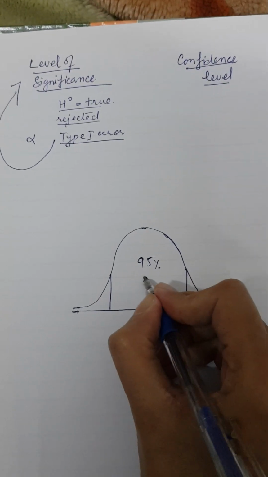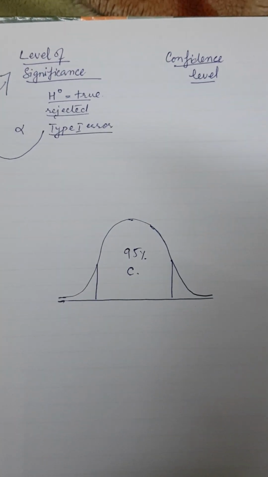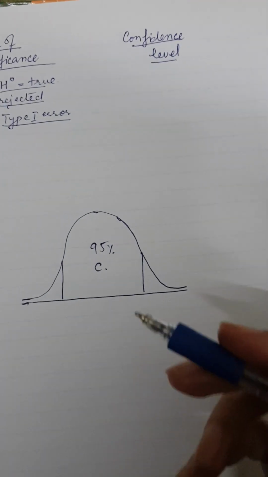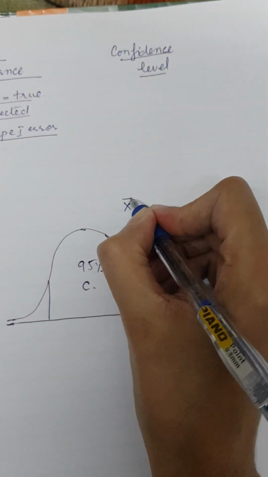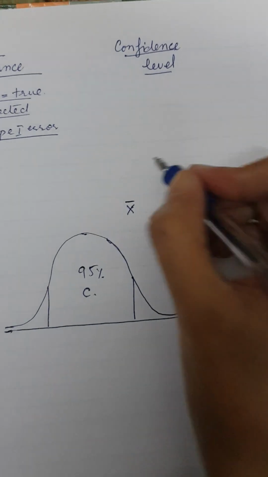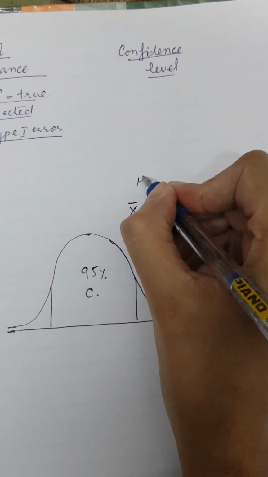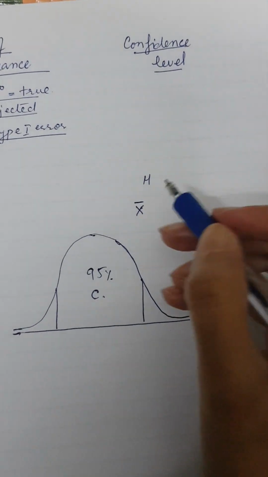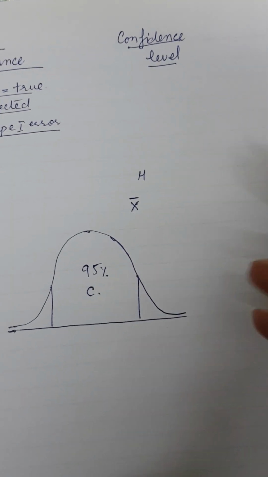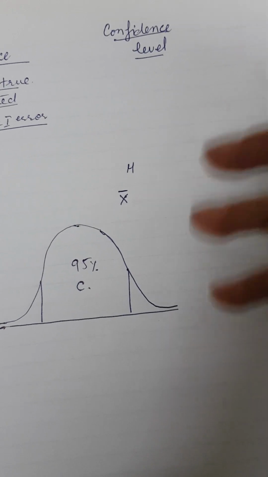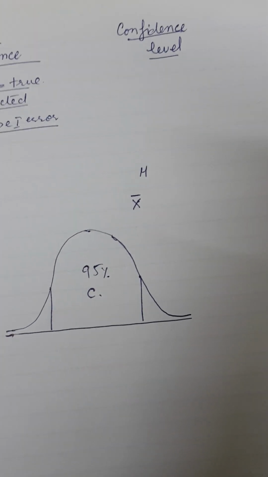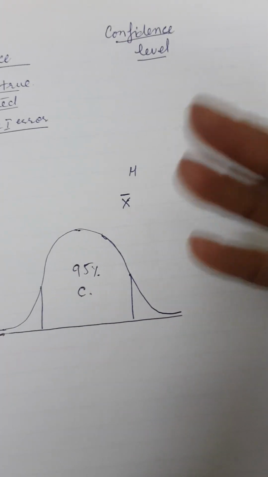95% confidence level. We all know the sample mean, which is the x bar, and then the population mean, that is the mu, and the mu is usually unknown, as we cannot take the mean of the whole population. That's why we take a sample from the population that is very close to the population.